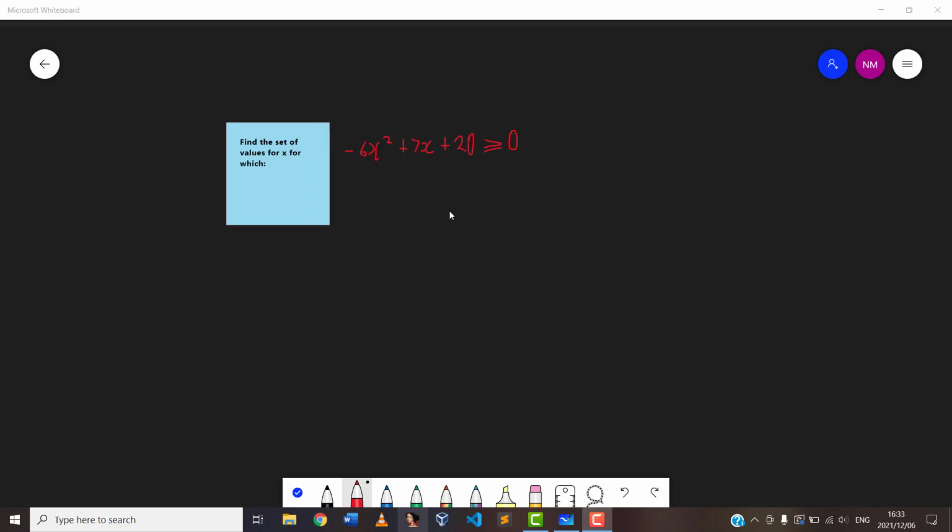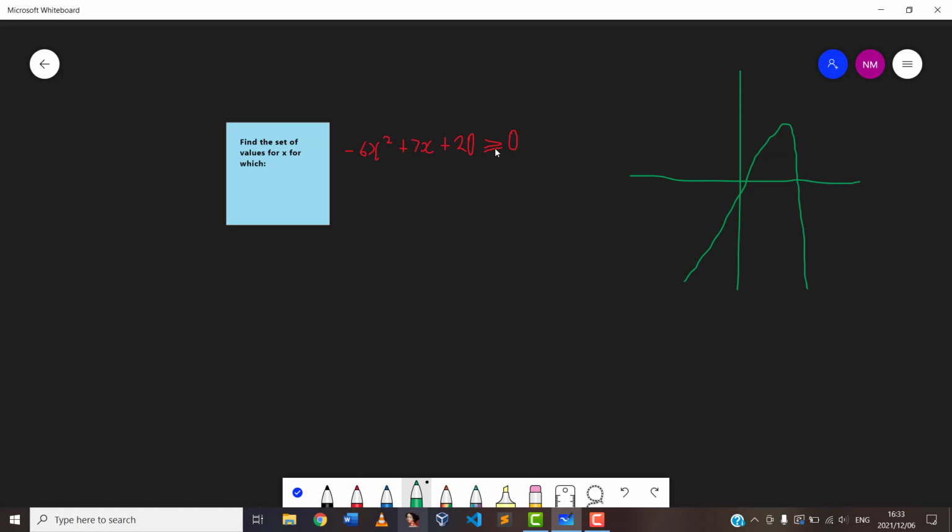Right, let's do a question now with inequalities. So minus 6x squared plus 7x plus 20 is greater than or equal to 0. Let's just try and attempt to draw it on a graph, so we can kind of imagine what's happening. It will look nothing like this, I think, but it will have this shape.